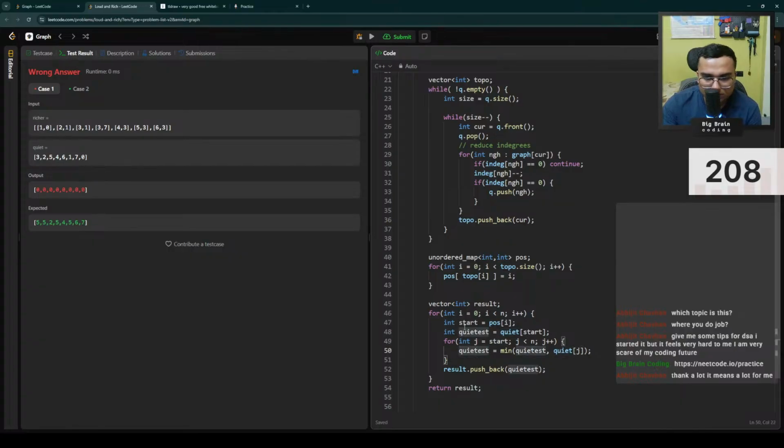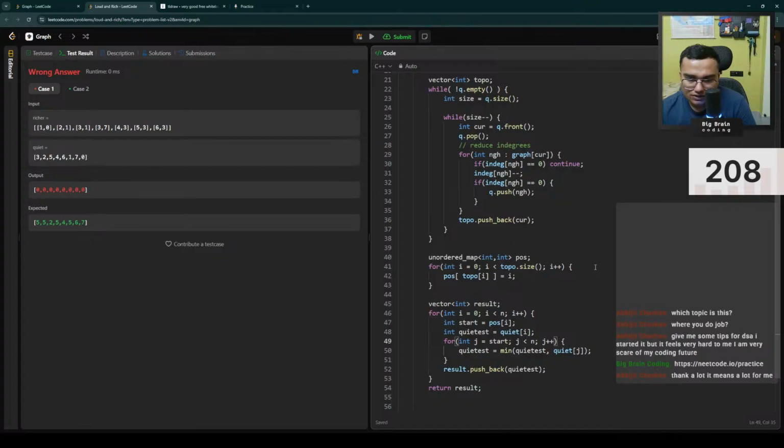Okay, I messed up somewhere. So int start is position of i, correct? Position of that guy in this array, right? So start is that position. Quietest is quiet of i. This should be i, right?